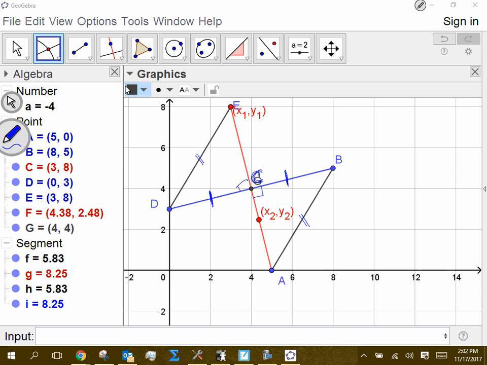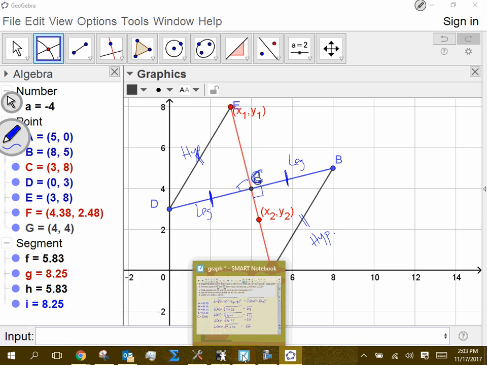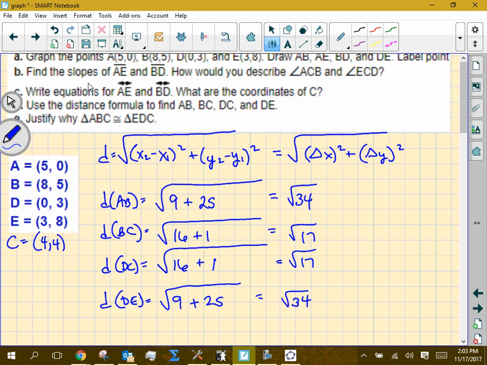So hopefully you recognize that is a hypotenuse, that is a leg, that is a leg, and that is a hypotenuse. So can we prove that this triangle on the left is congruent to the triangle on the right? Yeah, and that's hypotenuse leg. So that was the purpose of the entire question, of every single part we just did, was to get to the justification that triangle ABC was the same thing as triangle EBC.